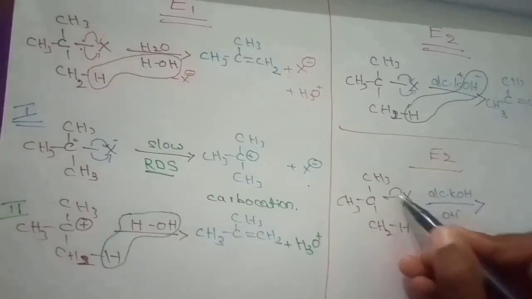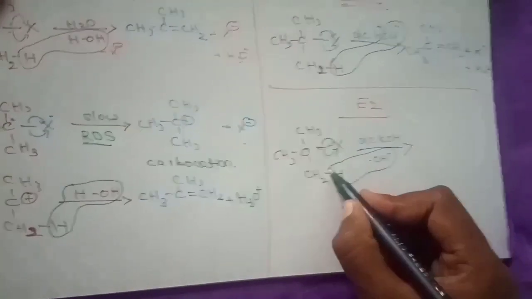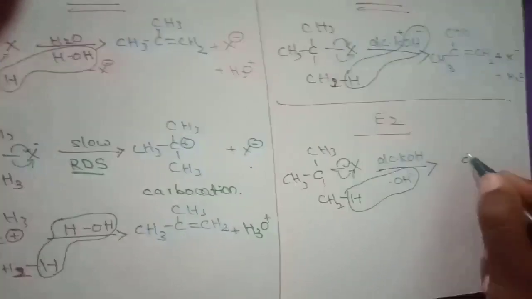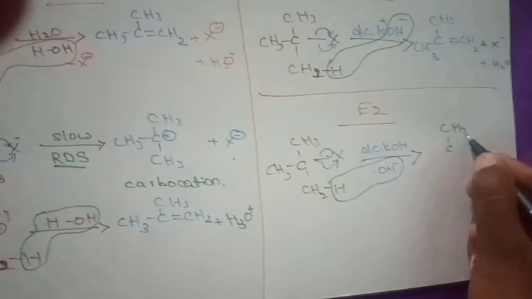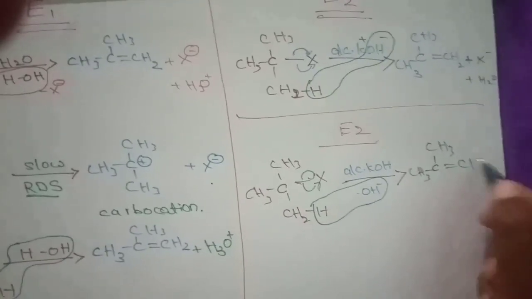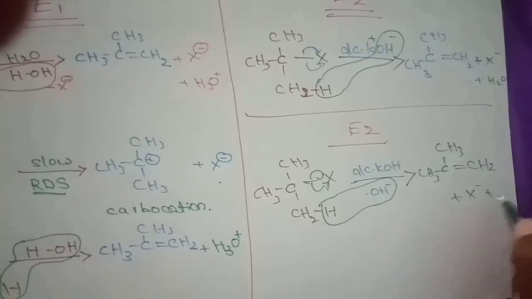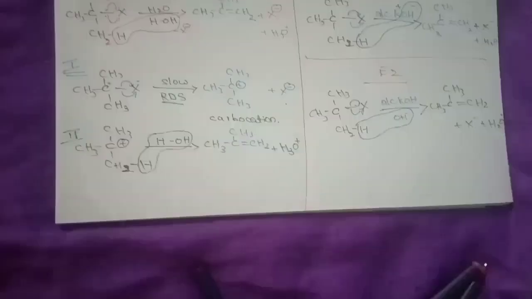This hydrogen, due to high electronegativity, and the halogen are removed simultaneously, and we get a product like this. We get an alkene as the product, and X minus and H2O are byproducts.